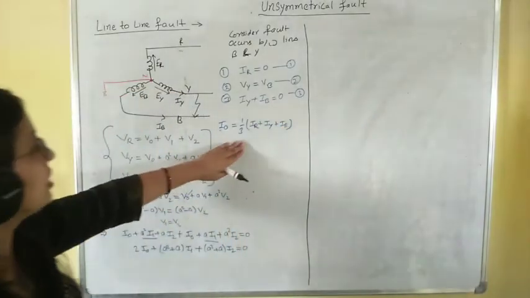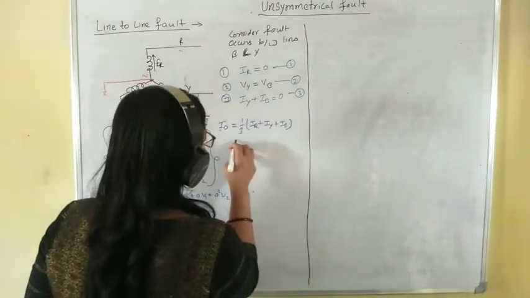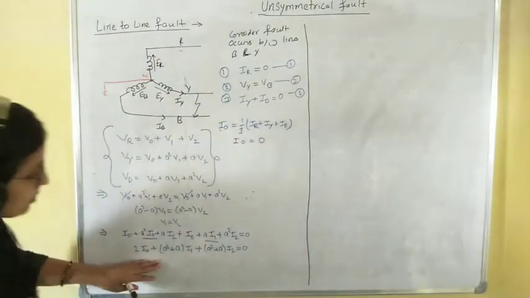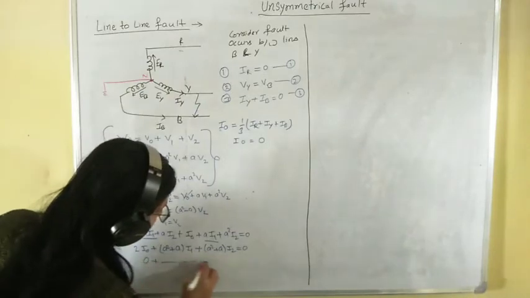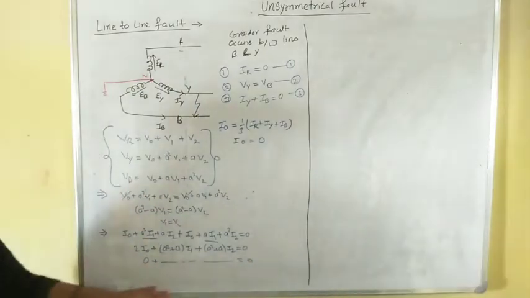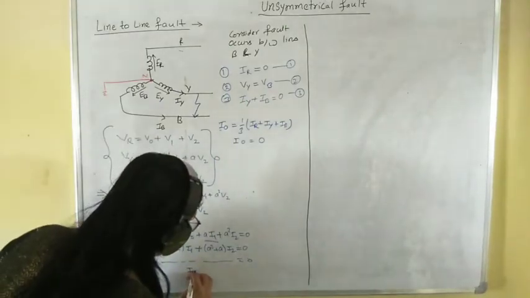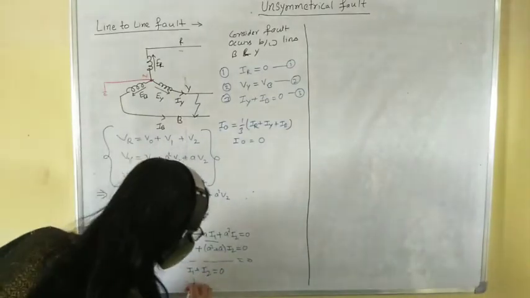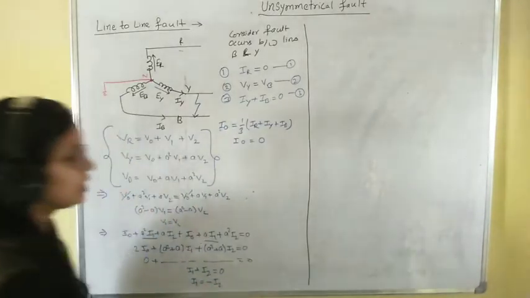For this condition, IR is 0 and IY plus IB is also 0, which means I naught is 0. Now equating this, we get I1 plus I2 equal to 0. That means the positive sequence current is minus times the negative sequence current.